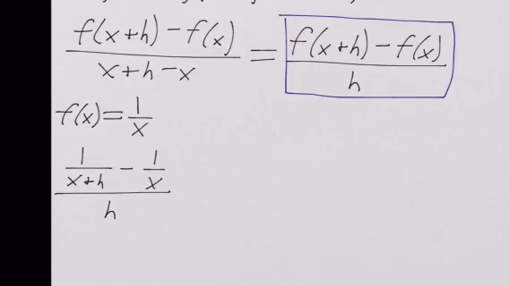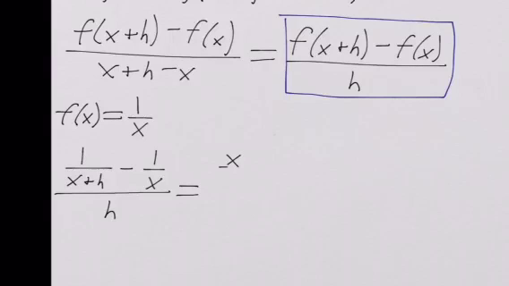So first I need to get a common denominator. So in doing that, I can multiply the numerator and denominator of the first fraction by x, and the numerator and denominator of the second fraction by x plus h.